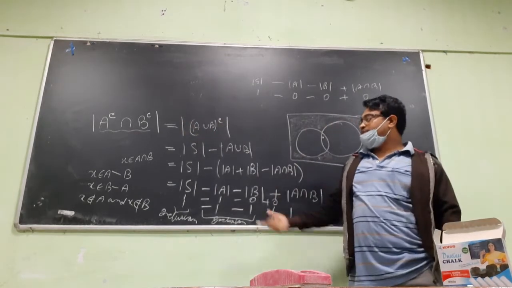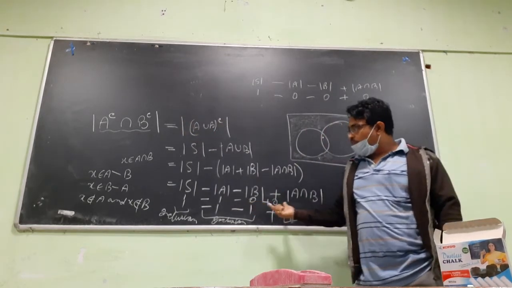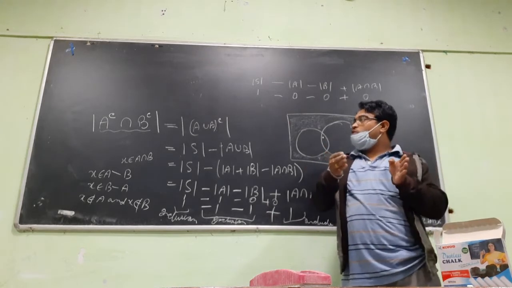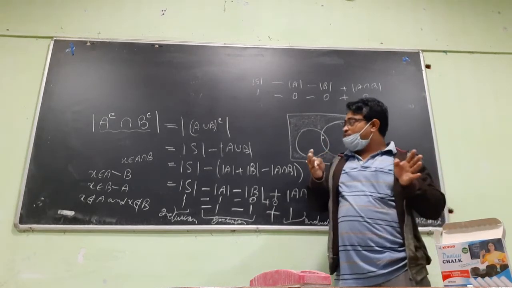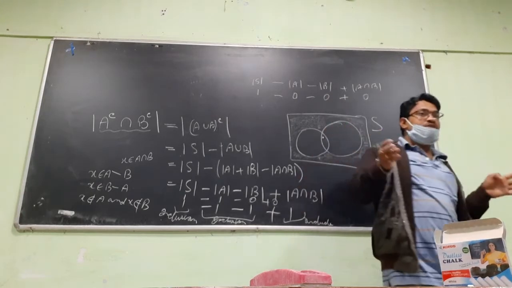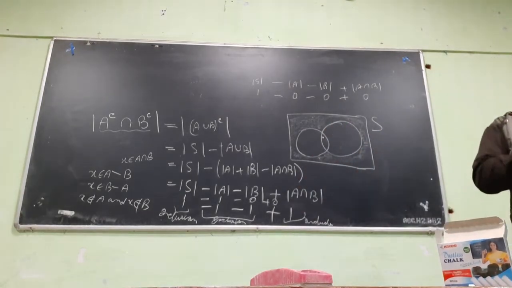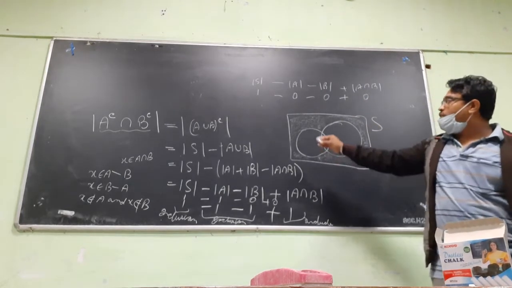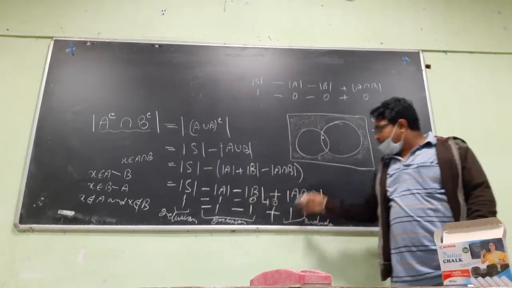Okay. So this type of proof is a combinatorial argument. Okay. Means we have two different expressions for the same count. Okay. We are counting the same thing. We are counting the elements using this expression. Okay.